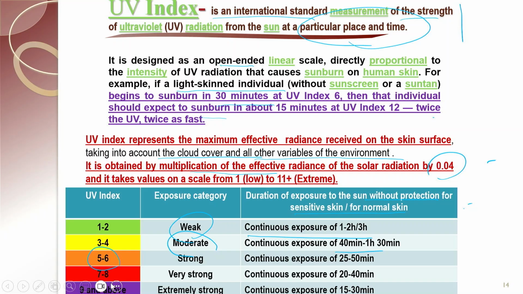If we want to be there for a long time, we need protection. And 9 and above is extremely strong, where we should be there without protection only for a shorter time, 15 to 30 minutes. So, that is the overall guideline, and we must know the UV index for a particular place. Accordingly, we can expose ourselves without any protection.